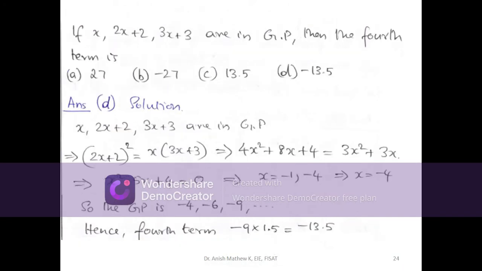So we'll look into the next question. If x, 2x plus 2, 3x plus 3 are in geometric progression, then the fourth term is.